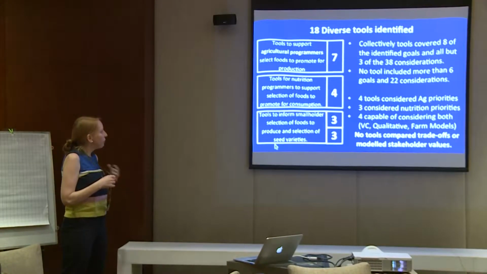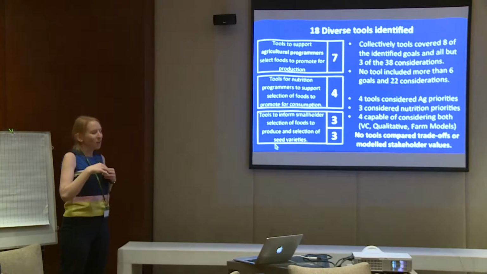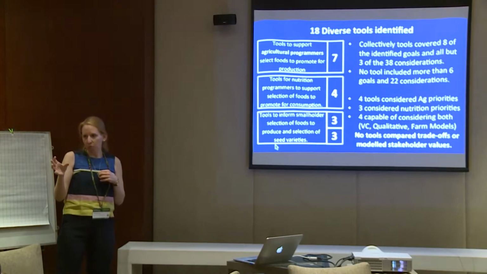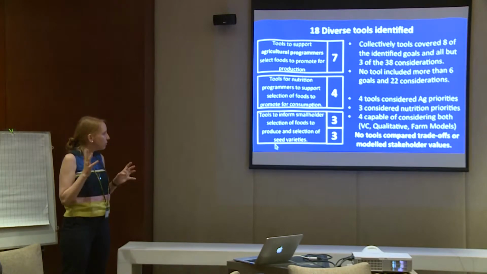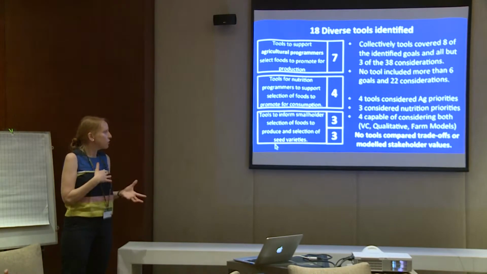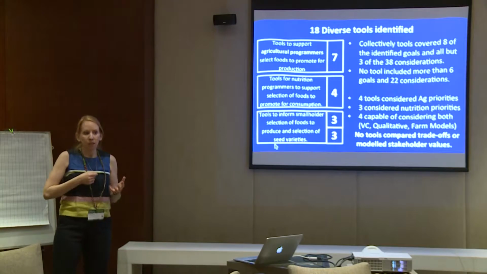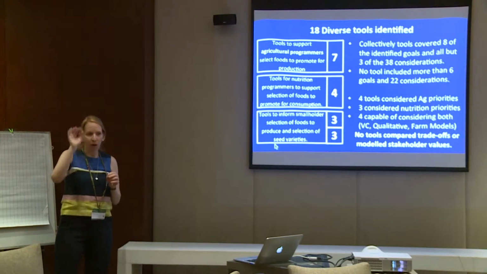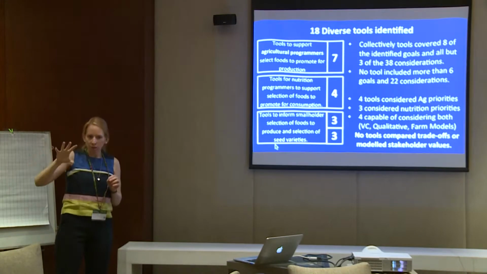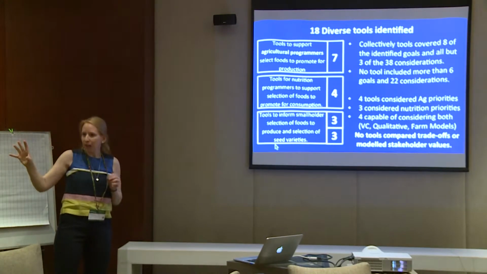There were 4 particular nutrition tools to select foods to promote for consumption. And then there were some different tools out there to inform smallholders about what foods to produce or which seeds to select. Some of them are very simple apps or a website where you sort of say which part of Kenya you live in and then what seeds you're interested in and what your rains are like that year.